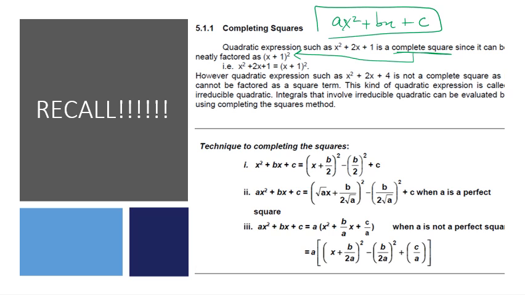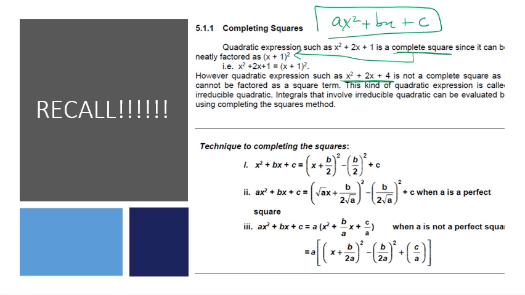But kalau expression yang complex ataupun not complete square, example x square plus 2x plus 4, we cannot factorize it as a square term. This kind of quadratic expression is called an irreducible quadratic. So an integral that involves an irreducible quadratic can be evaluated using completing the square.